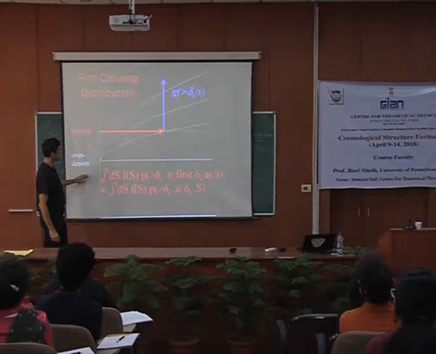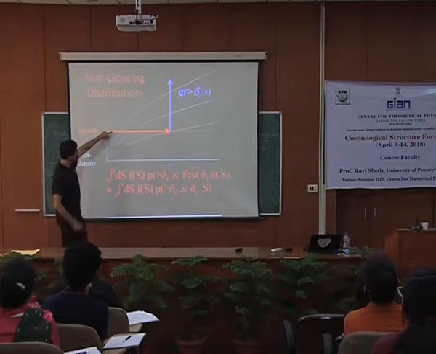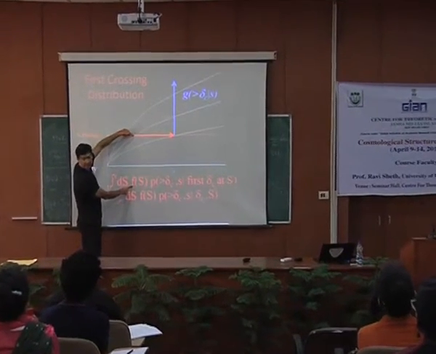The tail of the Gaussian is an integral over all the walks that crossed at this scale, or this scale, or this scale, or this scale. So F of S is the fraction of walks that crossed at S.